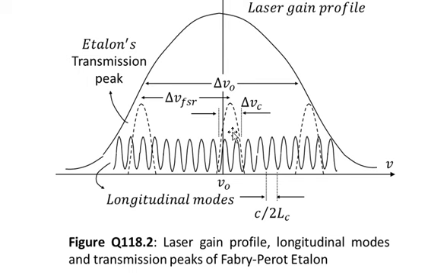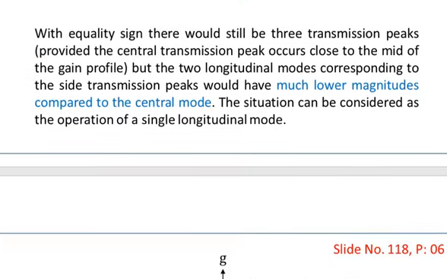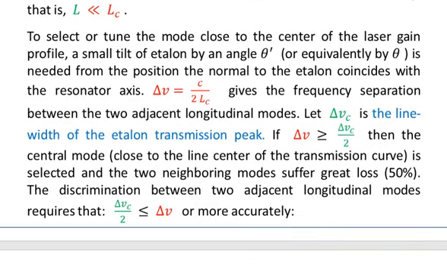The other modes, nu plus 1 and nu minus 1, will not pass through this transmission peak, because we have assumed that delta nu is at least equal to or greater than delta nu c by 2. So this selects only one longitudinal mode.